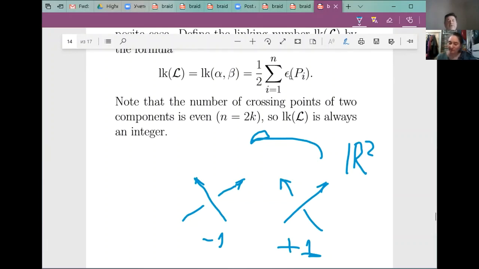What theorem? Actually, we already mentioned this theorem in our course. What theorem we are using here?